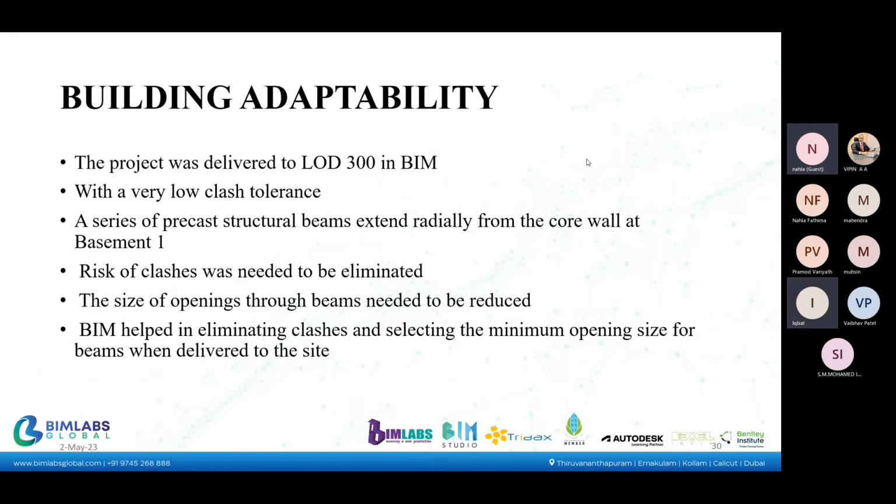So apart from being a highly sustainable architectural centerpiece of the Expo 2020 UAE site, it had a very low clash tolerance. A series of precast structural beams were used in the construction of the building at the basement that supported the upper floors.